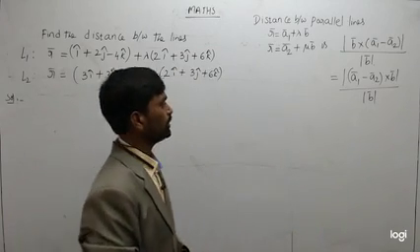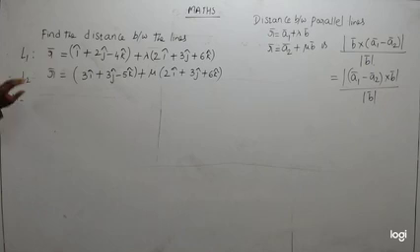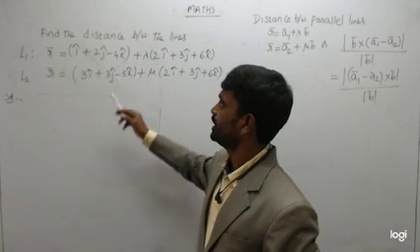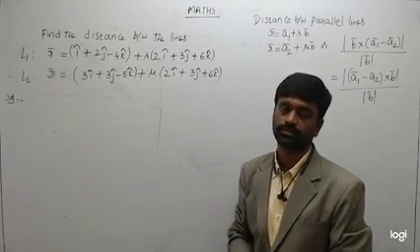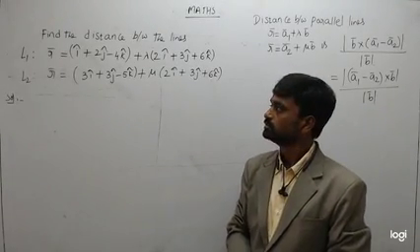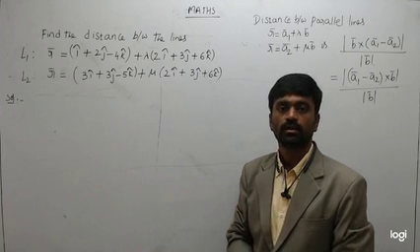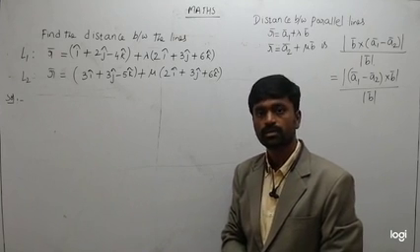Okay. So here the question: find the distance between the lines. It is given two lines, L1 and L2. By looking at these two line equations, how can we identify that these two lines are parallel?